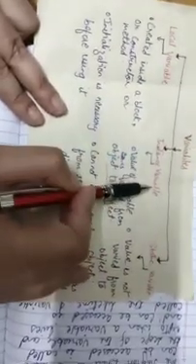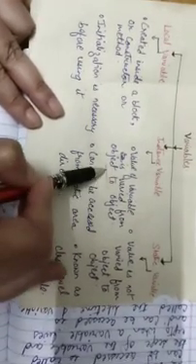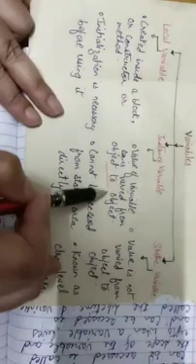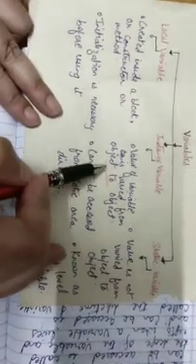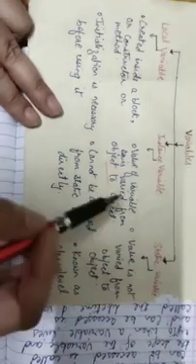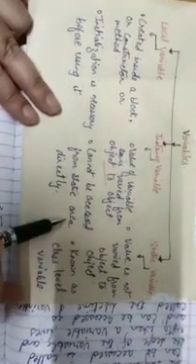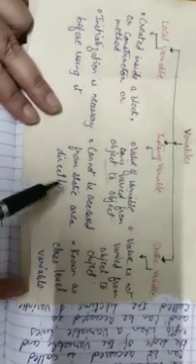Now we have instance variable. Value of variable is varied from object to object. You will get the idea of object to object when I explain this with the help of an example. It cannot be accessed from static area directly.